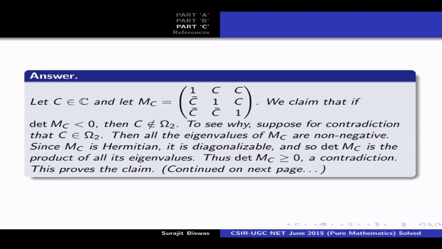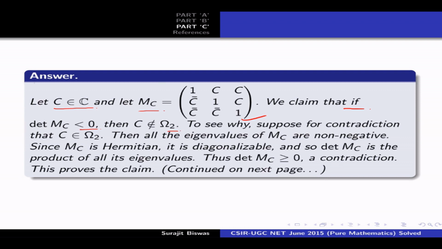And now to show that omega 2 is not d bar, we first start with a claim. So let C belongs to C and let MC denote this matrix that's arising in omega 2. We claim that if determinant of MC is less than 0, then C cannot belong to omega 2.